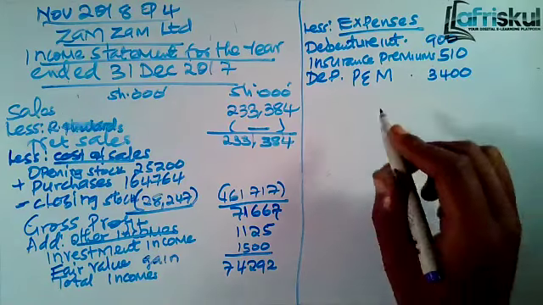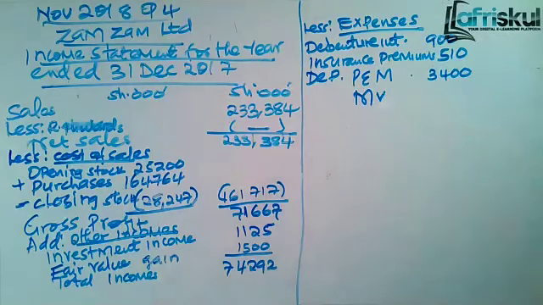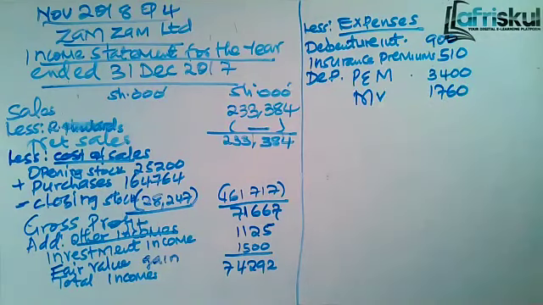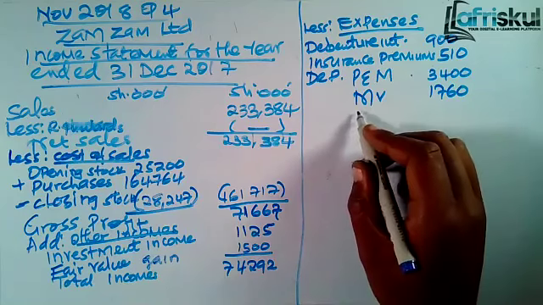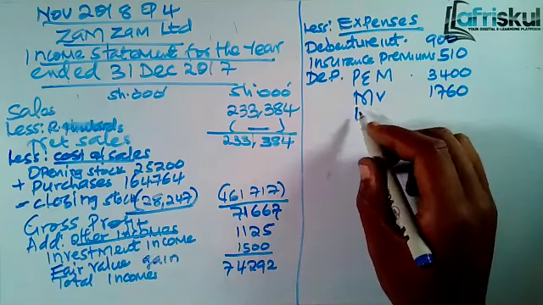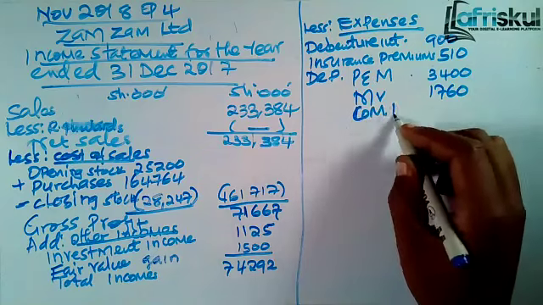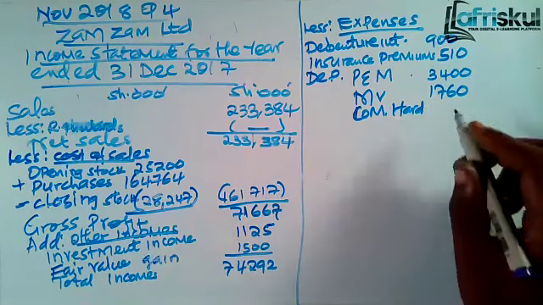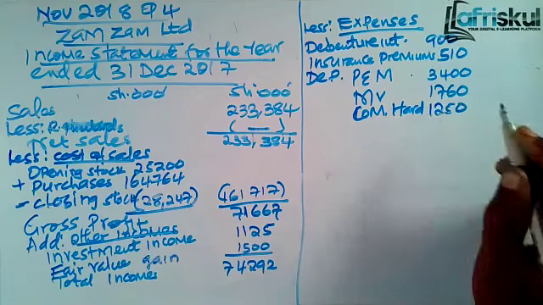The other one was on the motor vehicle, which we've gotten 1760. And the last one is on the computer hardware, which we've gotten 1250.